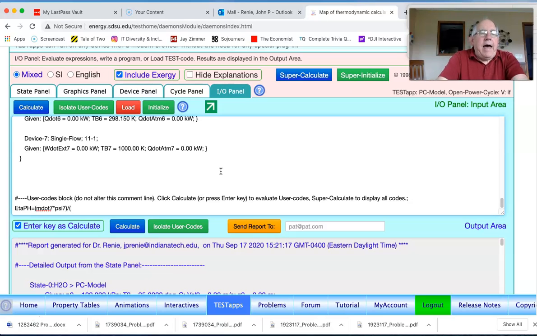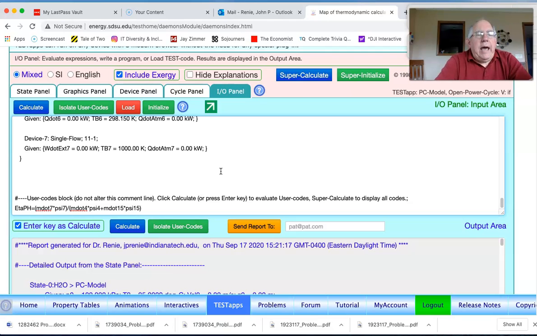And we divide that by the m dot 4, which is what is coming from the expansion valve at its value of psi, plus what is coming in at state 5. Now that 5 is actually 15. It's m dot 15 times the psi associated with that state 15.